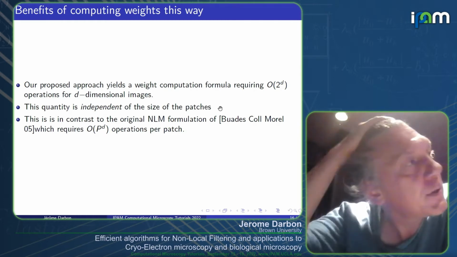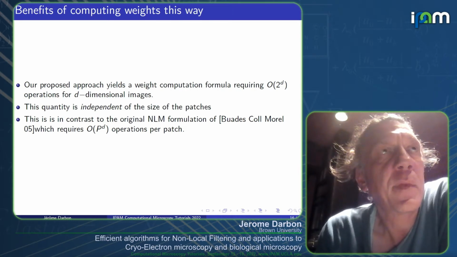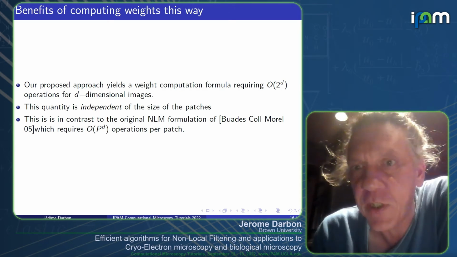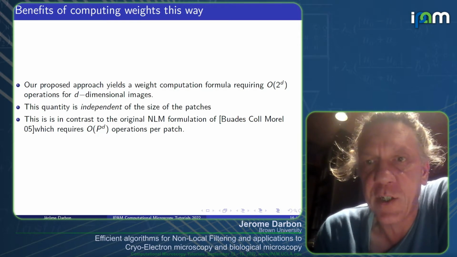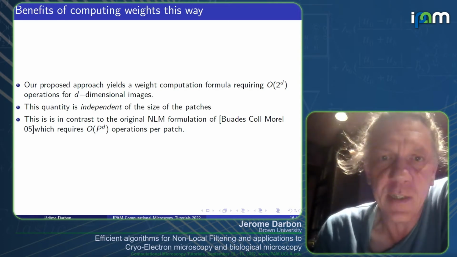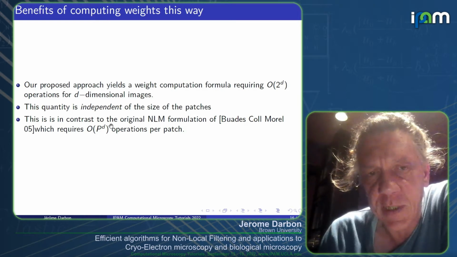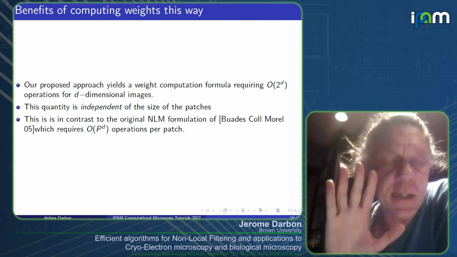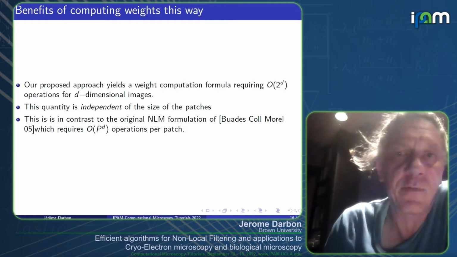So if you want to denoise images by averaging patches and you want to use the original algorithm, then you will see a dependence on the size of the patch for the dimension. Using this version, then you do not see the dependence on the size of the patch. So this is already a big improvement in terms of complexity without using any parallel programming or vectorization.